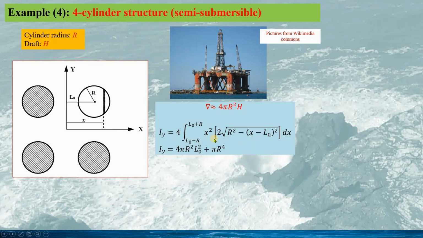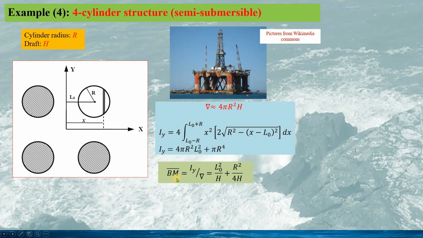And for the second moment of the water plane area, Iy, it's calculated as this and this. It should be noted, for such a structure, it would be the same second moment of the water area about x-axis or y-axis.